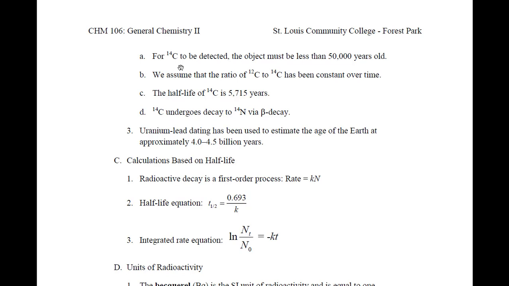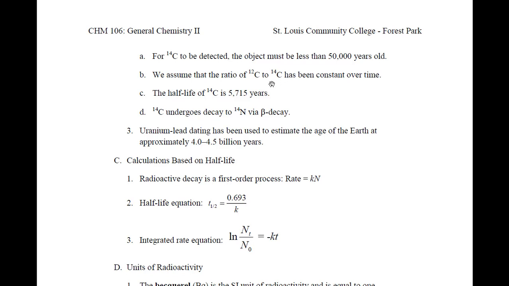And so when you die, you stop taking in the carbon-14, and what is there now is undergoing decay, so you lose more and more carbon-14 the longer you've been dead. And so we can work backwards through the calculation and find out how old you were when you died, basically.